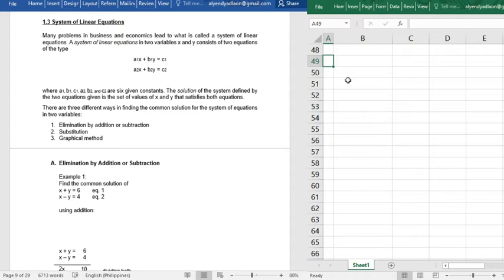Now let us start with the first method, elimination by addition or subtraction. First example, find the common solution of x plus y equals 6 and x minus y equals 4.